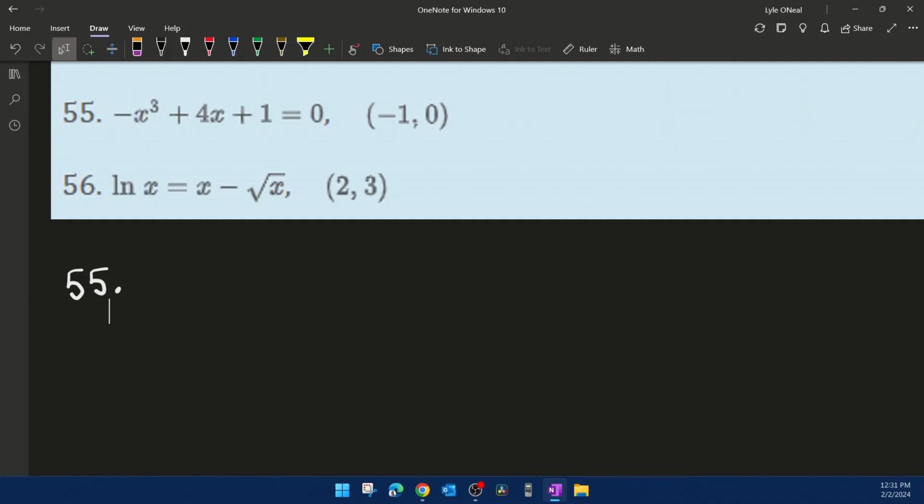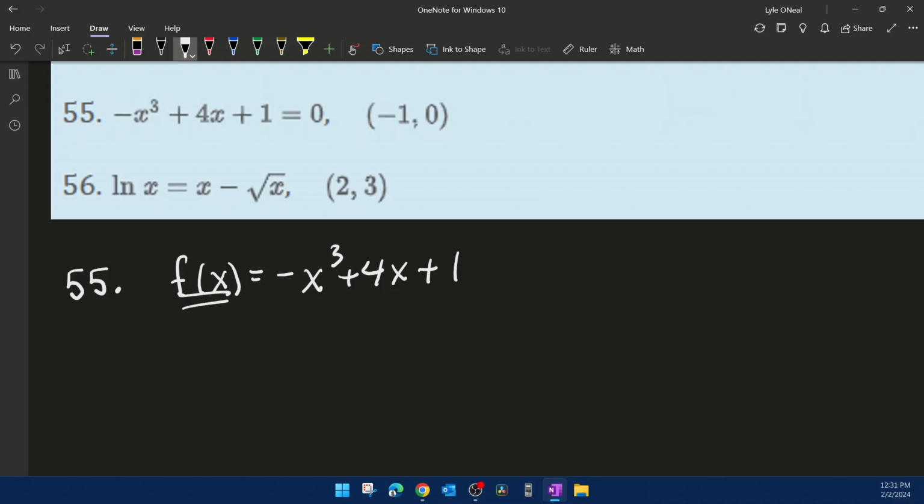All right, so here we go. 55. Notice that we have an equation that is equal to 0, and the intermediate value theorem requires that we have a function. So what you need to know is that you can take an equation and represent it as a function if and only if it's equal to 0. And in that case, we can say that the function would be negative x cubed plus 4x plus 1. Now in the equation it says equal to 0.